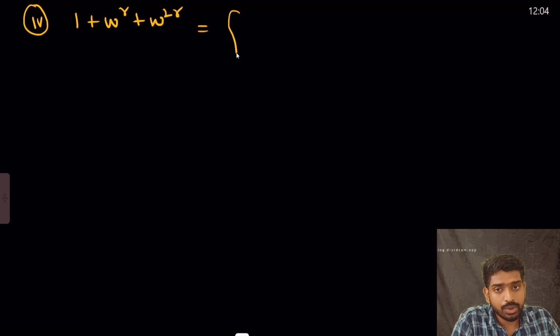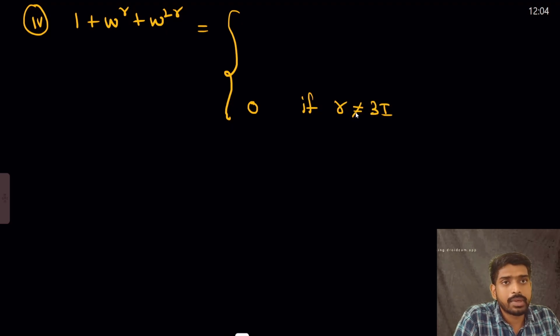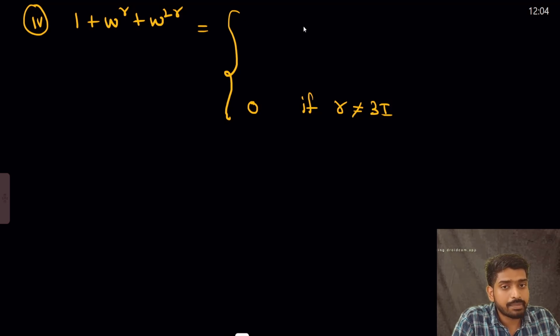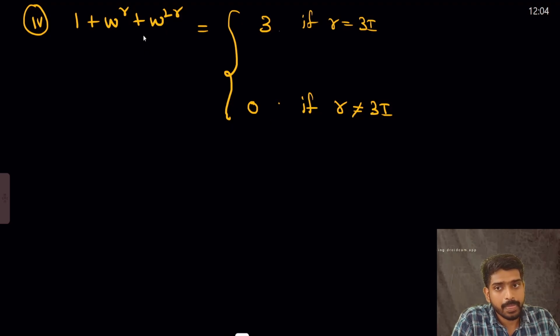This can give two values. This will be 0 if r is not a multiple of 3, the value is guaranteed to be 0. Or if it is a multiple of 3, then this is also 1, this is also 1, and in that case we'll get 3. Understood.